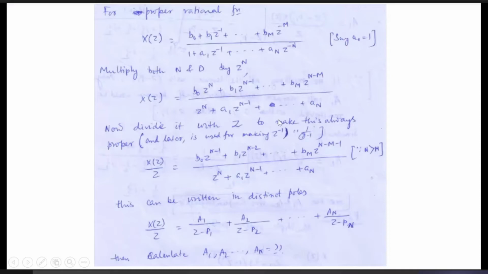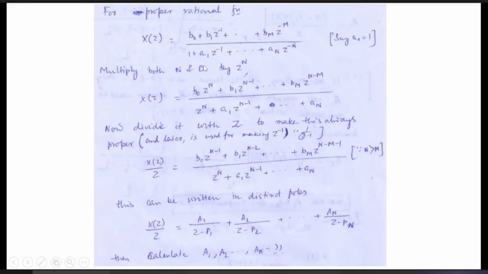So the next case we use is the proper rational function. The proper rational function is given as b0 plus b1 z inverse plus up to bm z to the power minus m, over 1 plus a1 z inverse up to this.